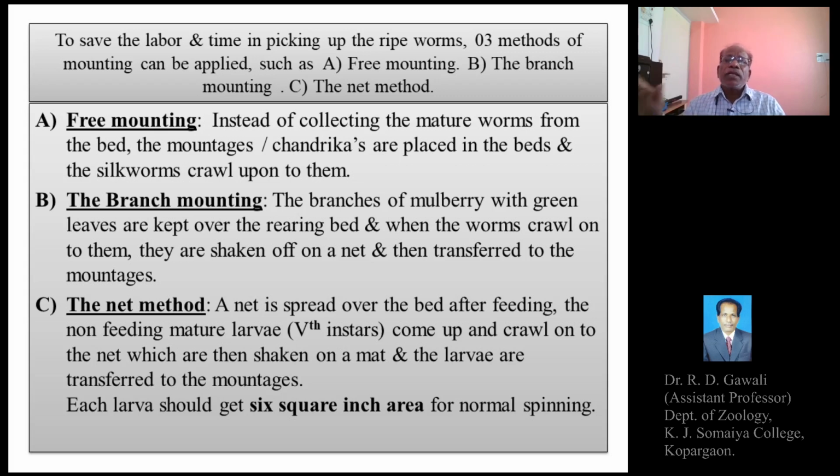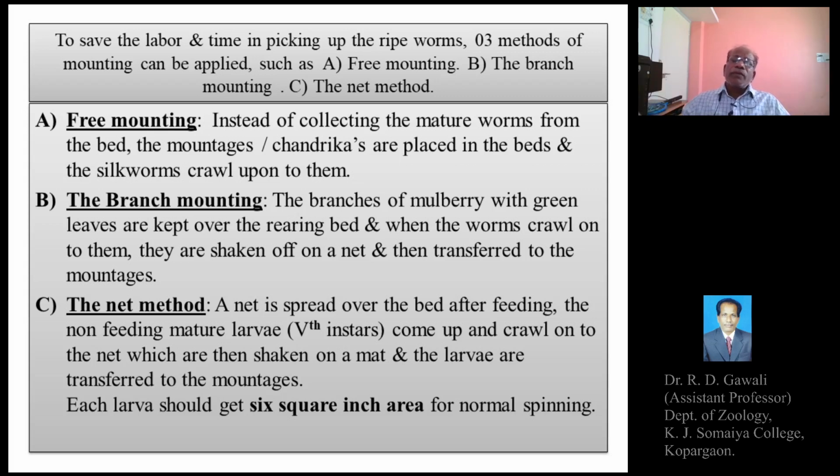So larvae will climb up the mulberry branches and the entire branch is then picked up and shaken off onto the net, and the larvae are transferred with the use of the net onto the mountage. So this is the branch mounting method.